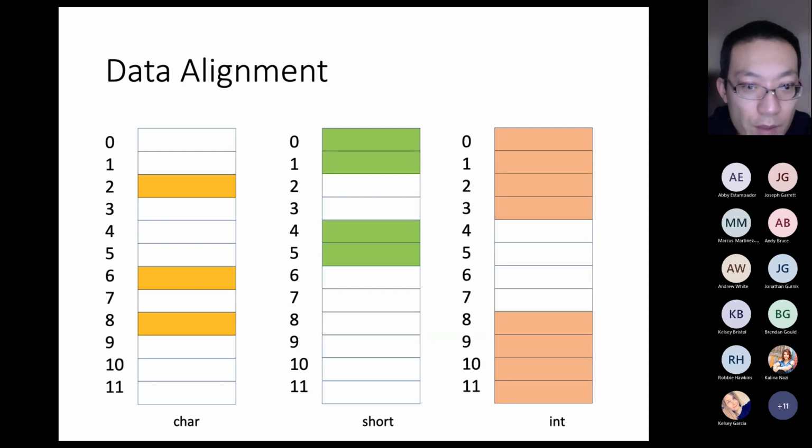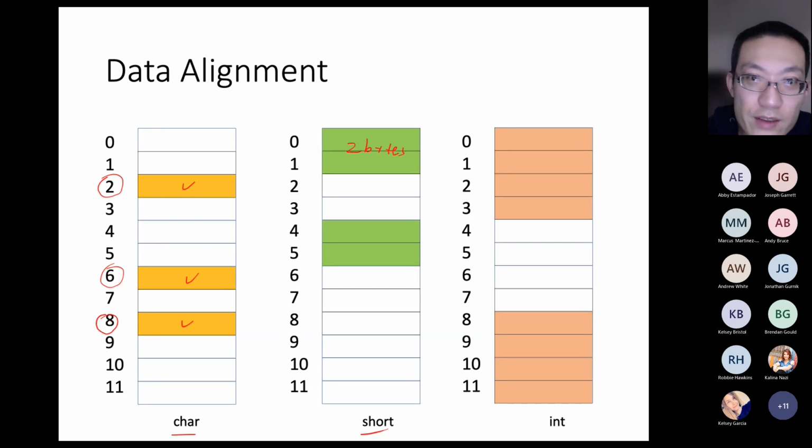So if we talk about char, this yellow is a char. We need to make sure the starting address of it, 268, is a multiple of 1. Apparently, any address satisfies it. If we look at short, for short, we have 2 bytes.